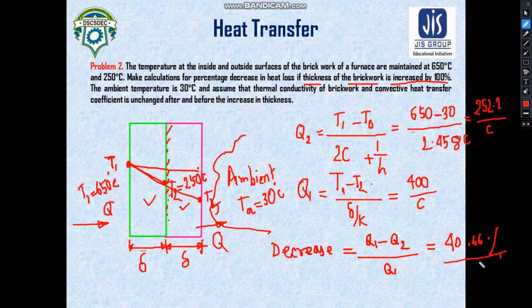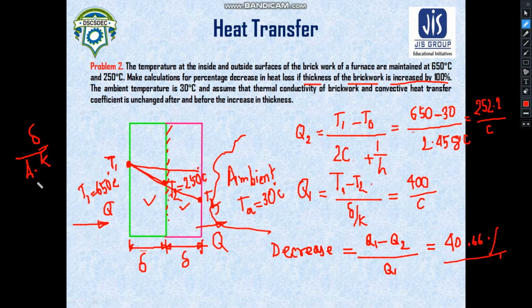Okay, so this was a combined conduction and convection problem where initially the thickness was given to you and you have related the lambda by k factor. That means the thermal resistance because of the conduction. You know that the thermal resistance because of conduction is generally in this format.